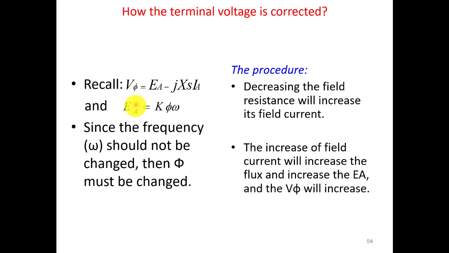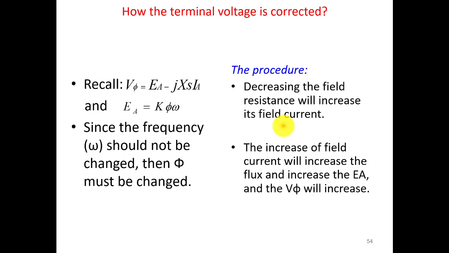So what's the procedure? Recall that V phase equals EA minus jXS IA, and here we have ignored the RA. Also we know that E is equal to K phi omega. Decreasing the field resistance will increase the field current, so we can decrease the field resistance which we have added to the synchronous generator externally.